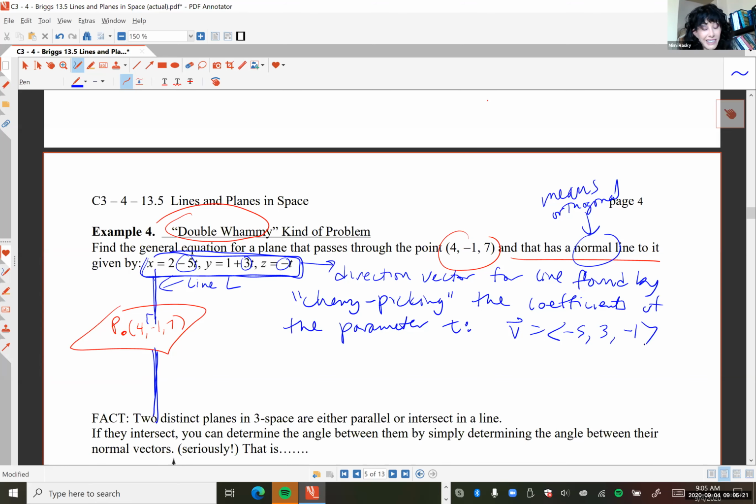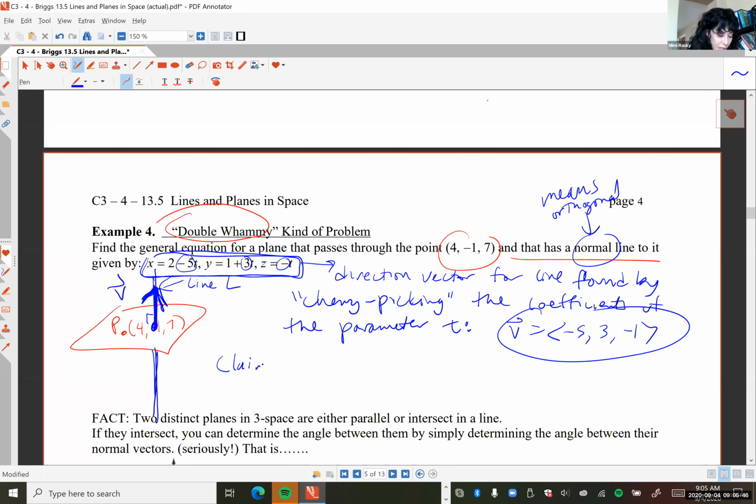And you're probably thinking, yeah, so what? Well, folks, the vector that lives on the line right here, this vector v, can you see even just visually that this vector v is in fact normal to our plane? Please say yes. Yes. So the vector v is going to be the same as our vector n.